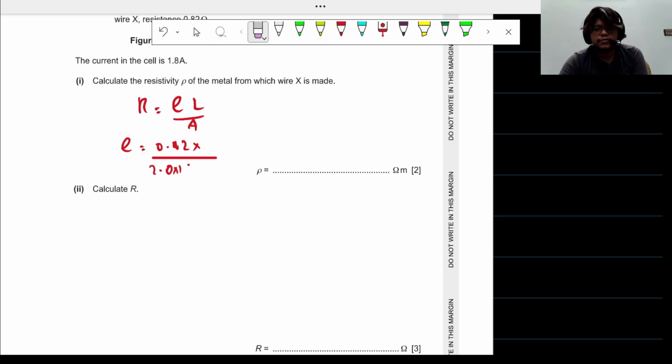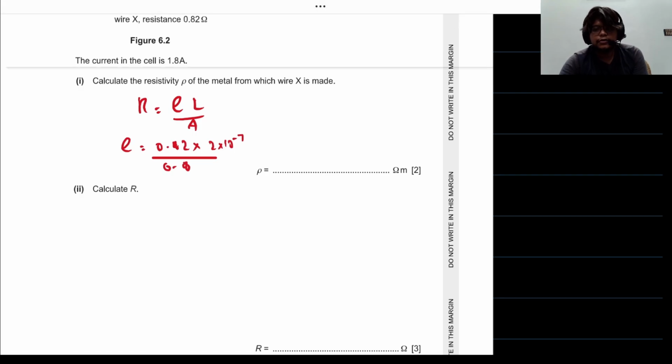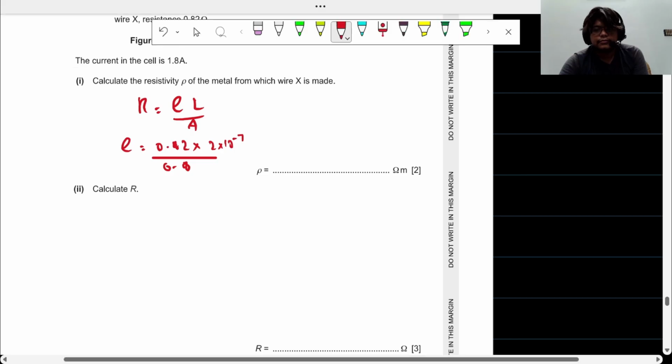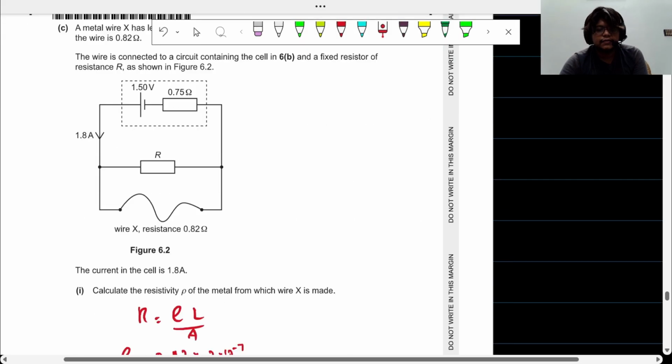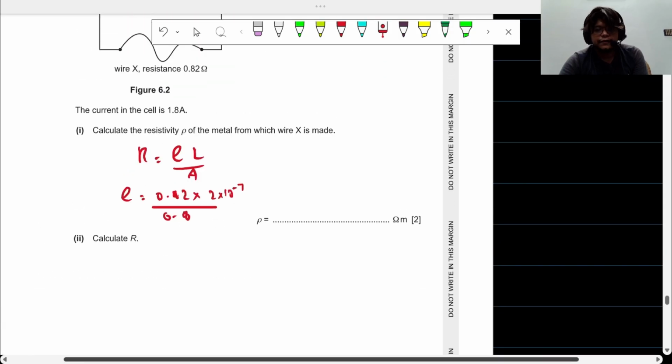This would be in the numerator because it is RA over L. So this would be the formula for your resistivity: 0.82 into 2 times 10 to the power minus 7 into 6.8. If you find the resistivity from here, it would be somewhat 2.4 times 10 to the power minus 8.